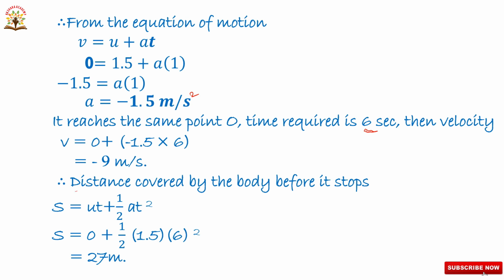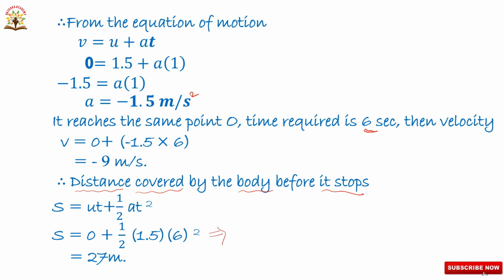Therefore, the distance travelled by the body before it stops, s = ut + half at square. Here u = 0, so substituting, 0 into t is 0, plus half a t square. The value of a is 1.5 into 6 whole square, that is 1.5 into 36.